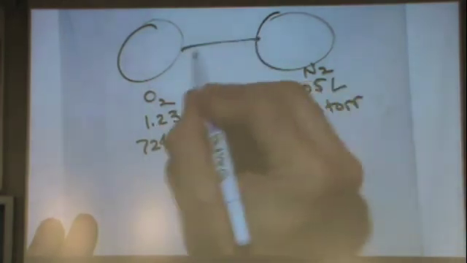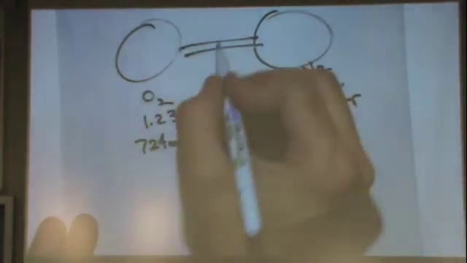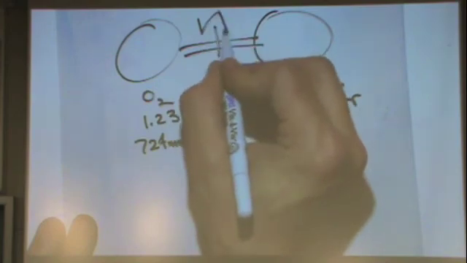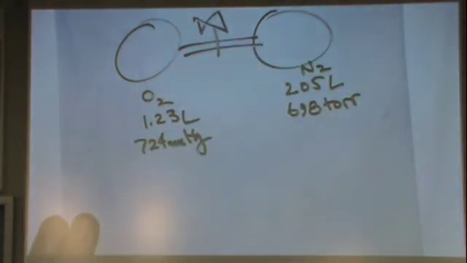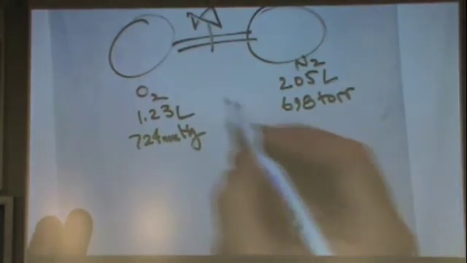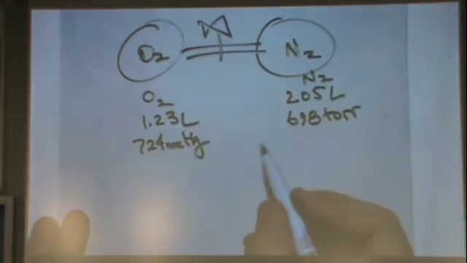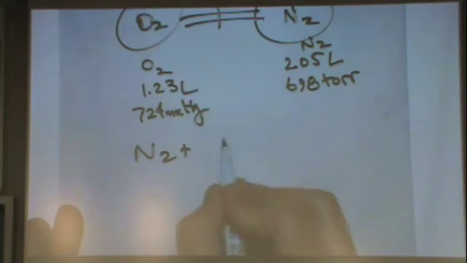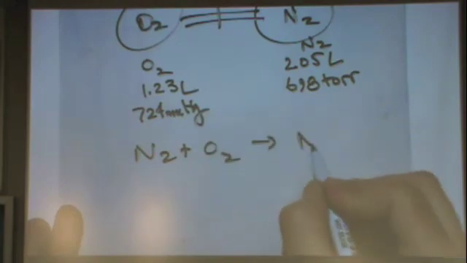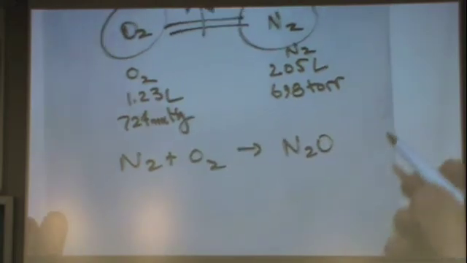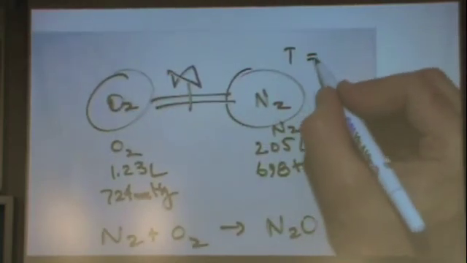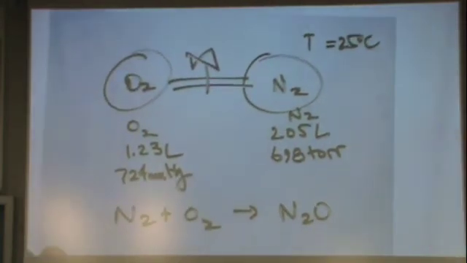They're connected, and there's a valve separating the two. The valve is closed at first, but then it's open, and the O2 in here, unfortunately, reacts with the N2 to form N2O. And the temperature is 25 degrees C.